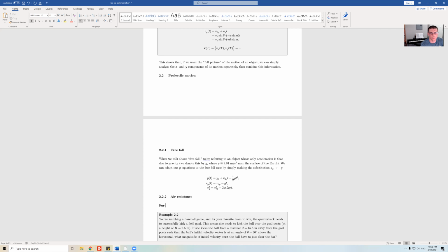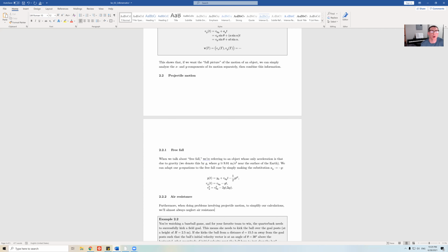So let me just say, furthermore, when doing problems involving projectile motion, to simplify our calculations, we'll almost always neglect air resistance. And we do this not only to simplify the calculations, but also because most of the time it won't make a huge difference.